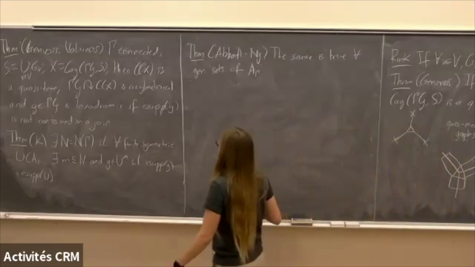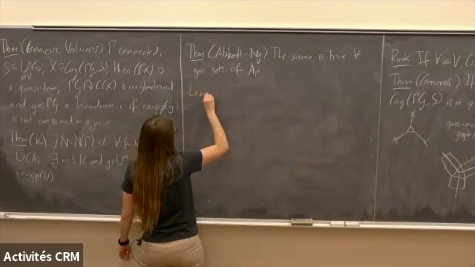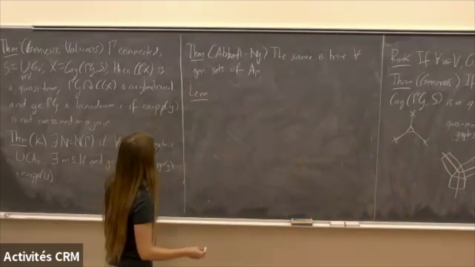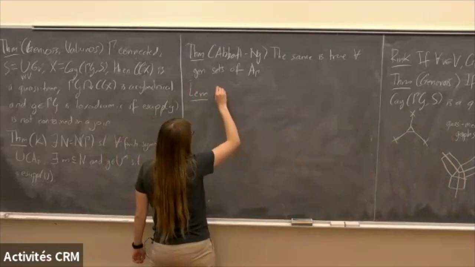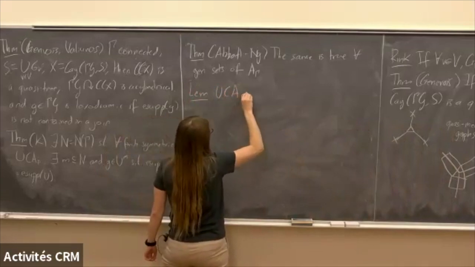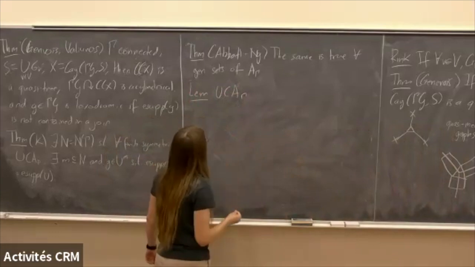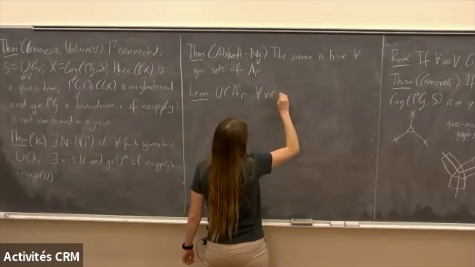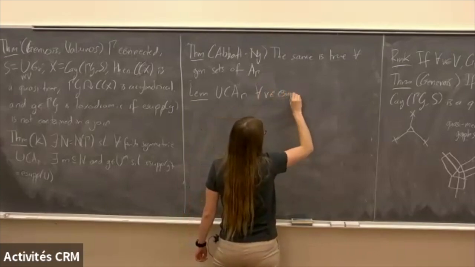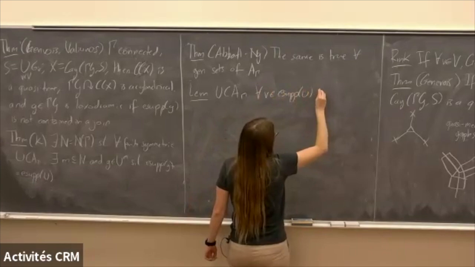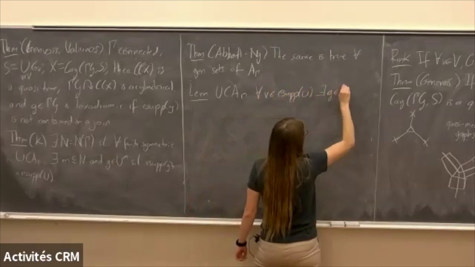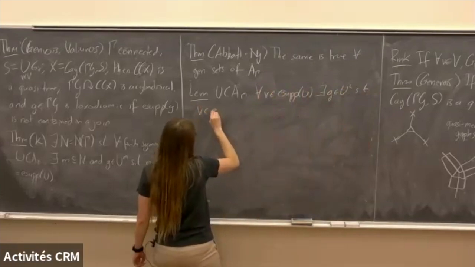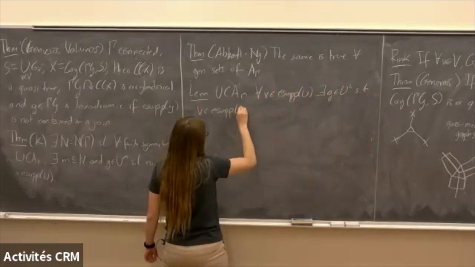The beginning point is an observation that was first pointed out to me by Rick Wade, which is that if you have any subset of a right-angled Artin group, then for any vertex in its essential support, you can find an element of length 2 such that it contains this vertex in its support.